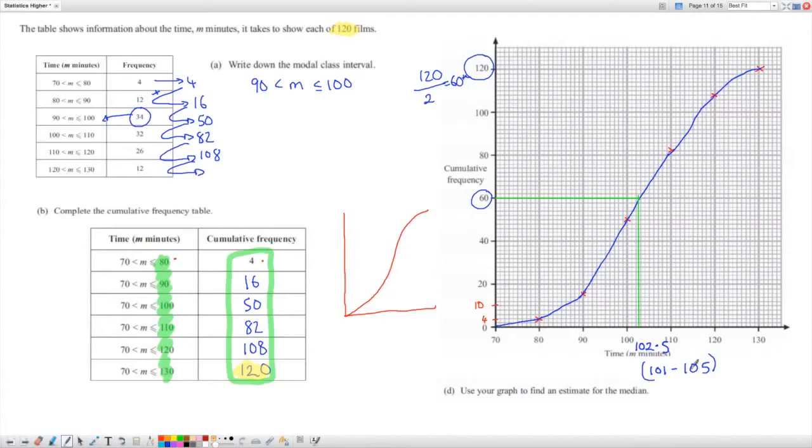We're then asked to estimate how many films lasted longer than 115 minutes. So going to our x-axis and going across to 115 here.